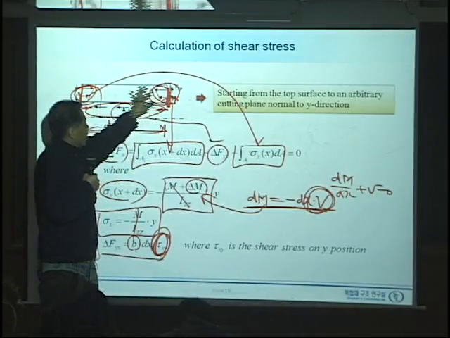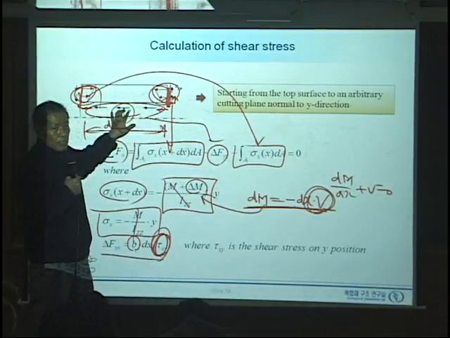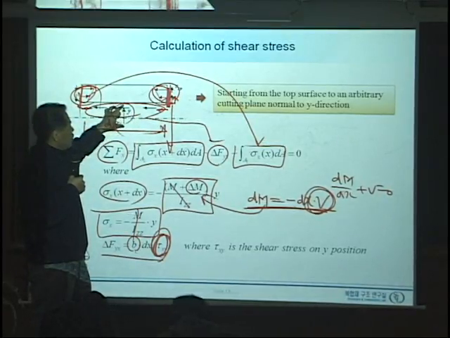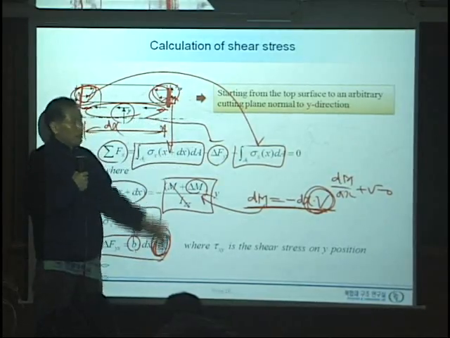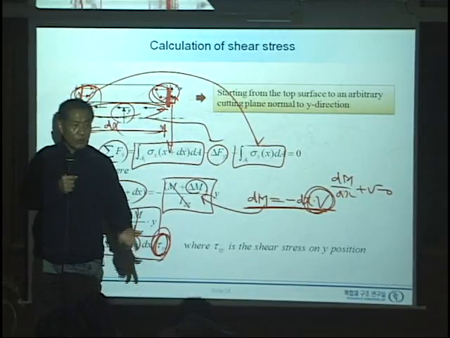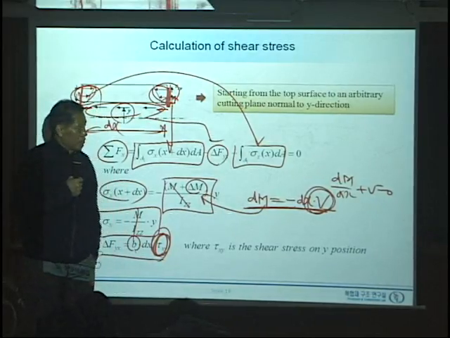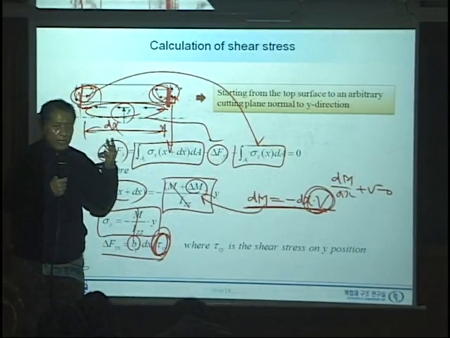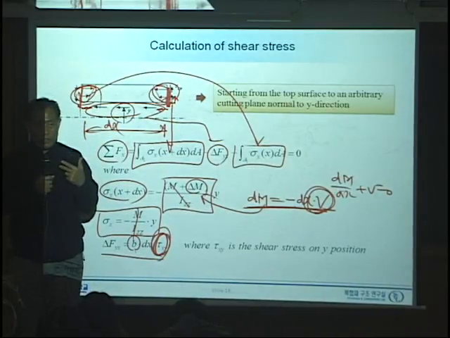That unbalanced force will be equilibrated by this shear stress, and that shear stress should be the same as this one, and again the summation of all shear stresses will be the shear force. Okay? Understanding this logical step is important.